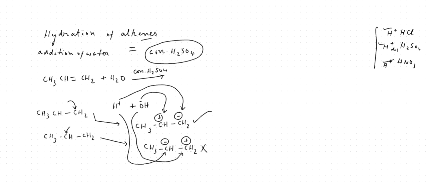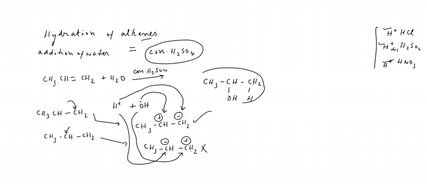Therefore, the product formed is CH3, CH, OH comes to this carbon, and this is already CH2 and the hydrogen is getting attached here.